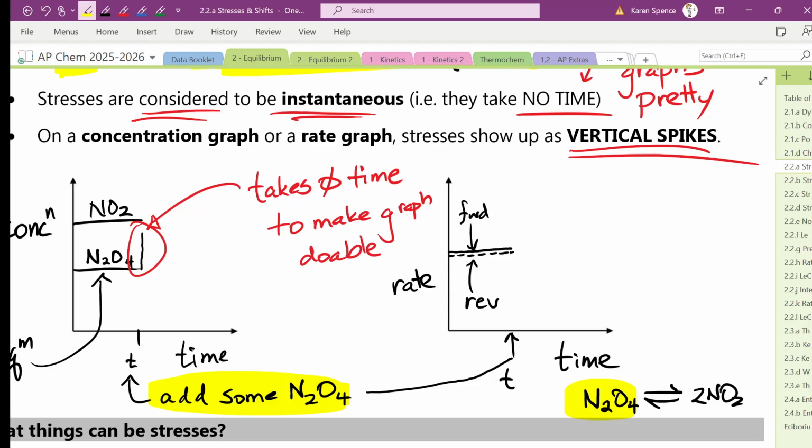Which line, which rate changes? The reverse. Hang on. We added some N2O4. N2O4 is a reactant. So the forward rate changes. How does it change? Does it go up or down? It goes up. How does it go up? Vertically. Because that change is an instantaneous change.